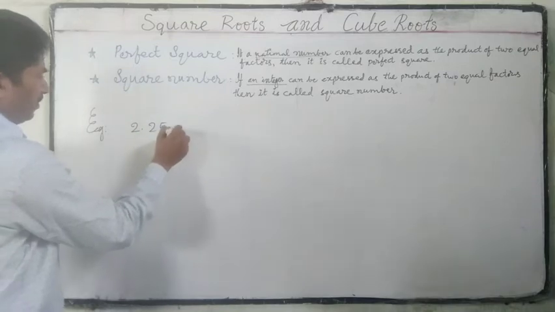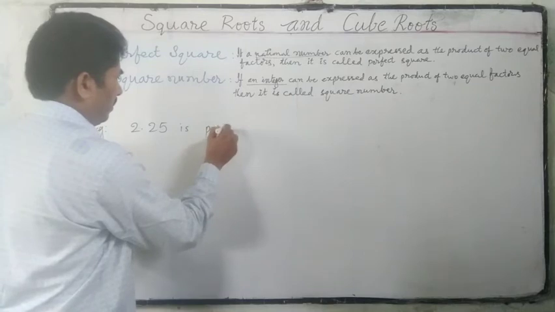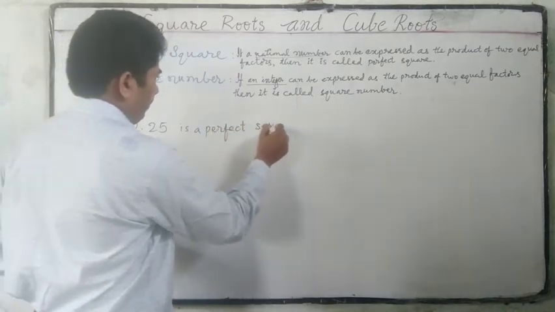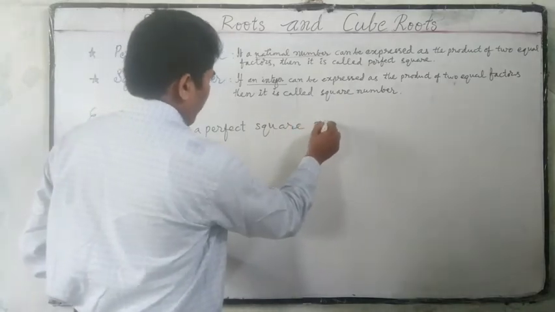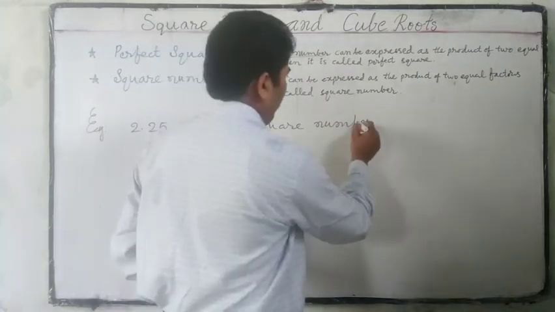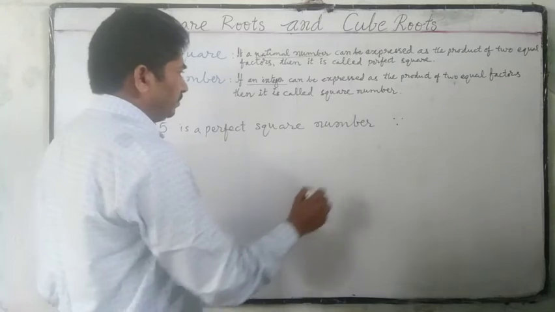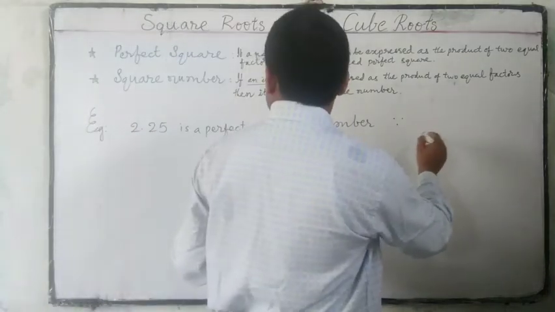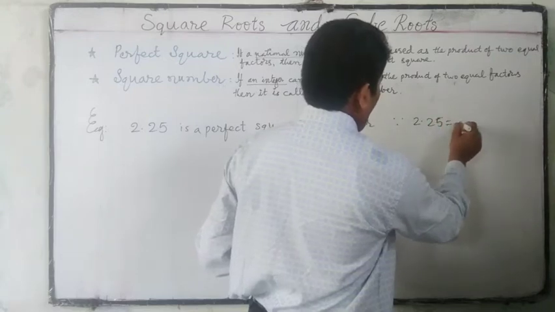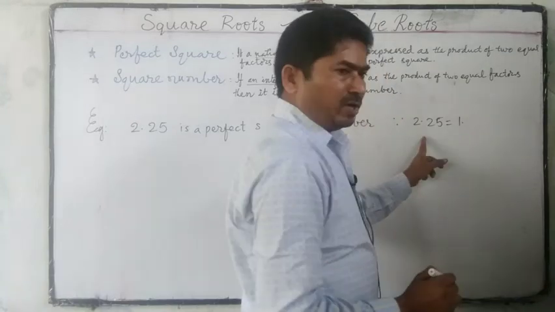2.25 is a perfect square number, because we can factorize this. 2.25 is equal to 1.5 into 1.5; 15 15s are 225.